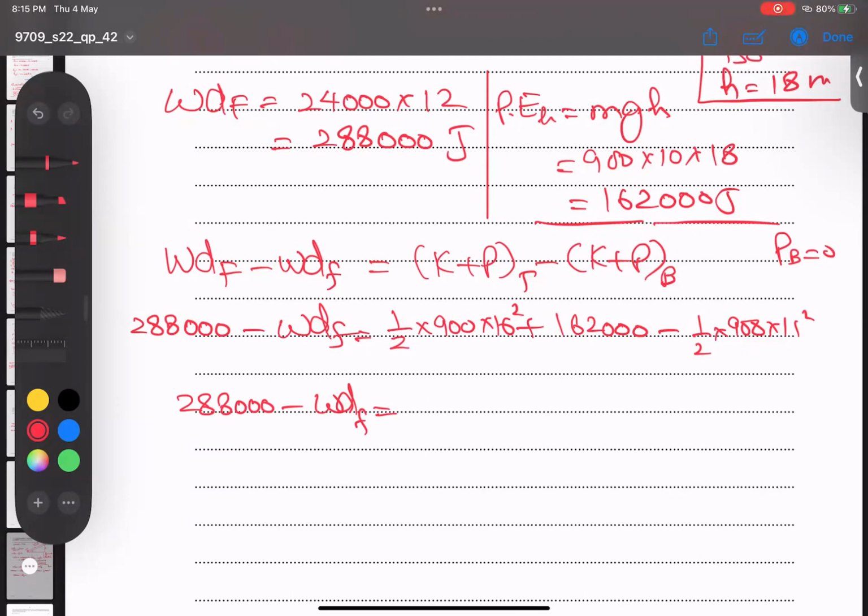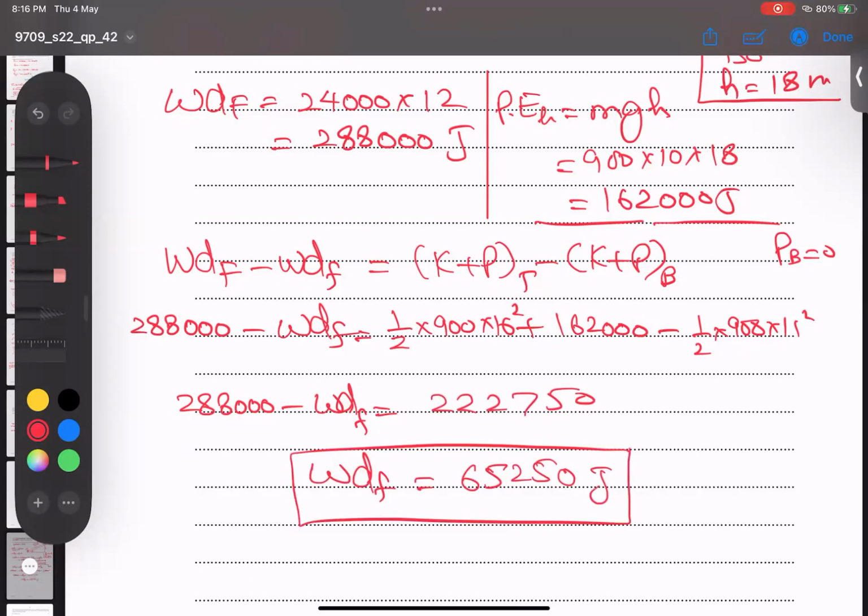And I get 222,750. And now I can just shift left and right. So it is coming 288,000 minus this, and I'm getting work done by friction force is coming 6,525 joules.